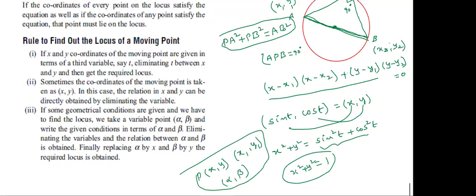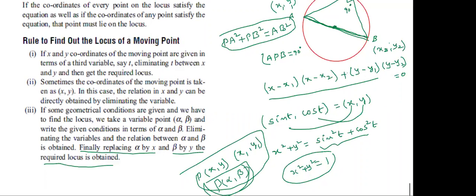At the final stage, suppose you have taken the point P as (alpha, beta). After applying the geometrical conditions, finally replace alpha by x and beta by y. Then we get the required locus.